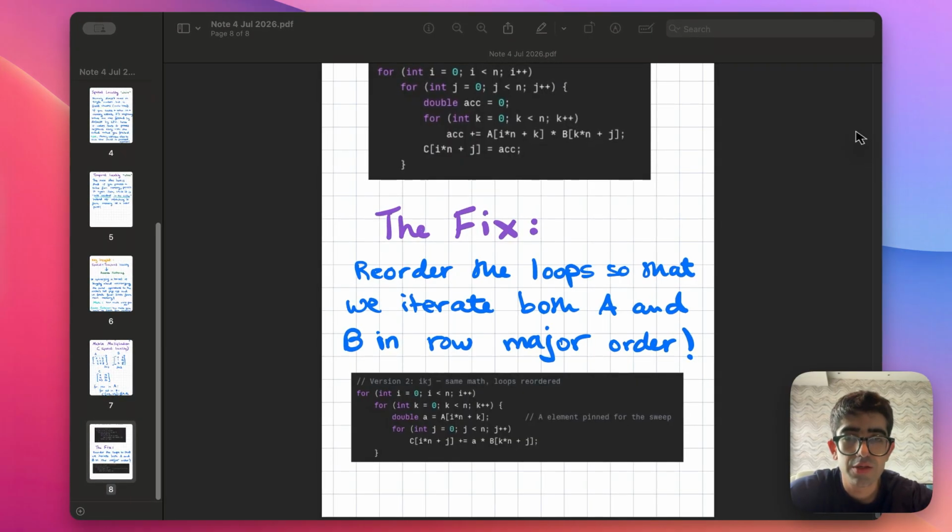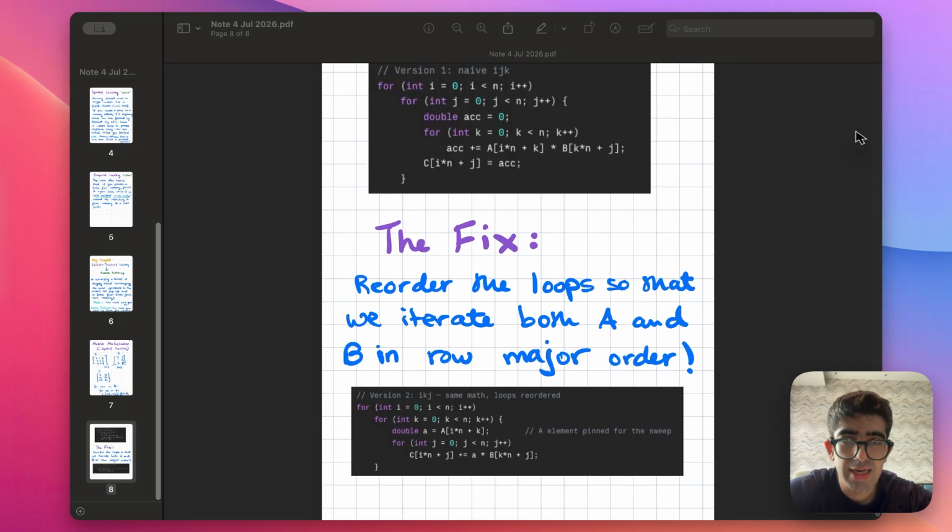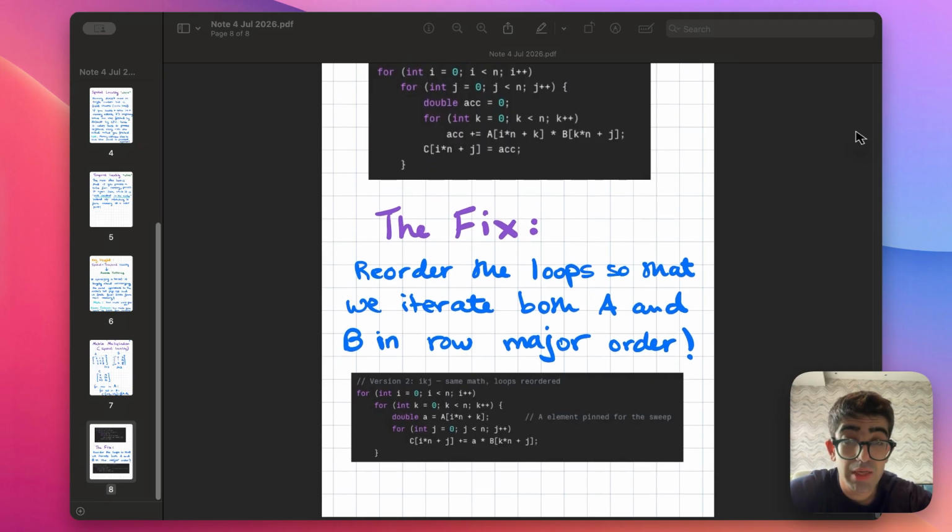So the key here is to fix the suboptimal access patterns for matrix B. And the fix is clever, yet remarkably straightforward. We just reorder the loops of the matrix multiplication so that we iterate both A and B in row major order. In this snippet of code, our outermost loop remains the same.